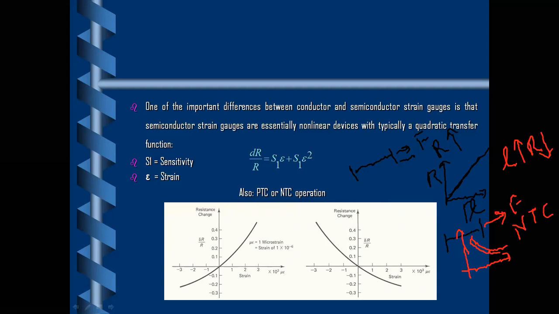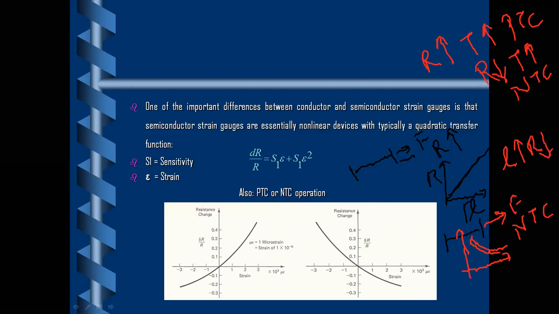With respect to temperature, if my resistance is going to increase when temperature is increased, that is a positive temperature coefficient. And if my resistance is going to decrease with an increase in temperature, that is a negative temperature coefficient.